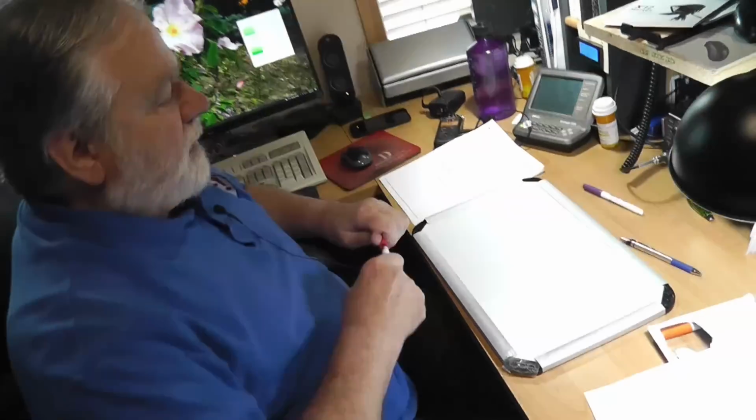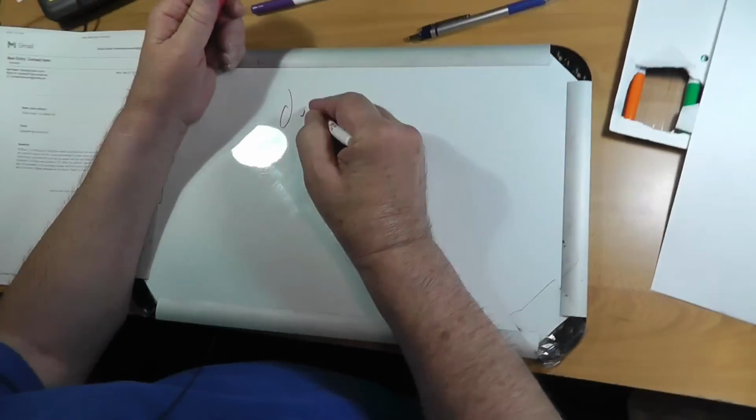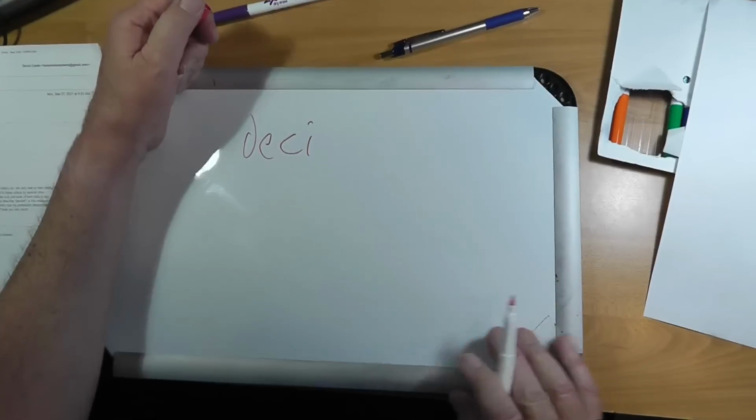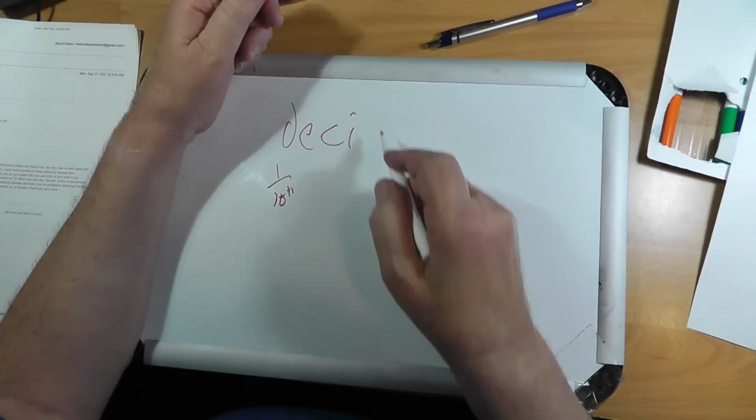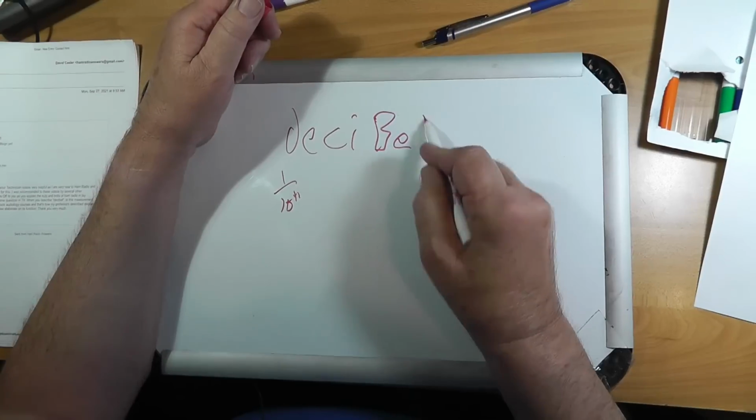The term decibel, first of all, it's deci. That's 1/10 of something. And the thing it's 1/10 of is a bell.